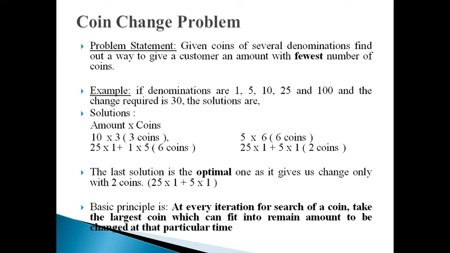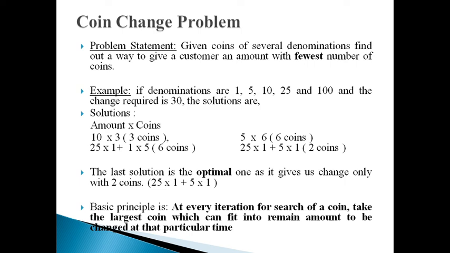Just take an example here. If the shopkeeper has denominations like 1 rupee coin, 5 rupee coin, 10 rupee coin, 25 rupee and 100 rupee coins, and the change required is only 30 rupees. So what are the available options or solutions?